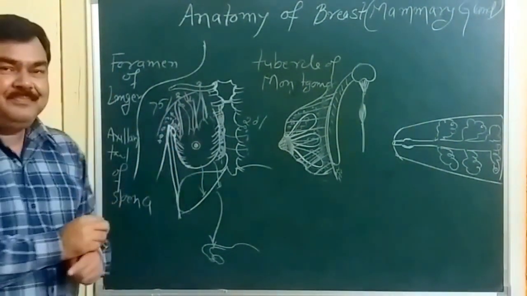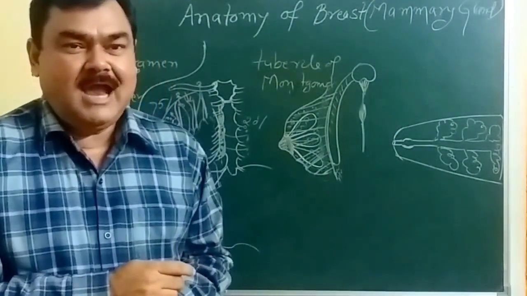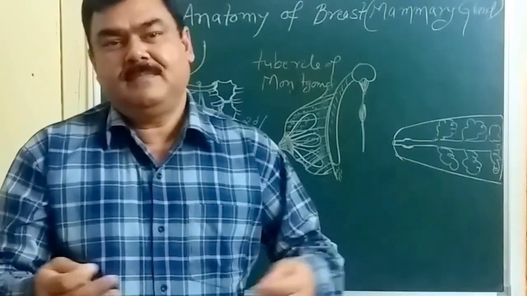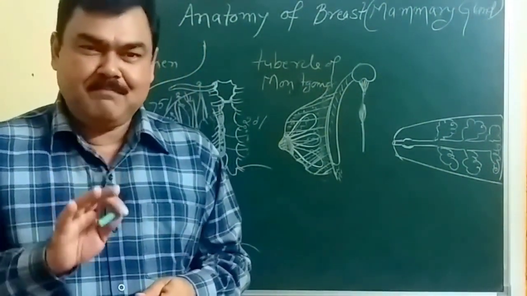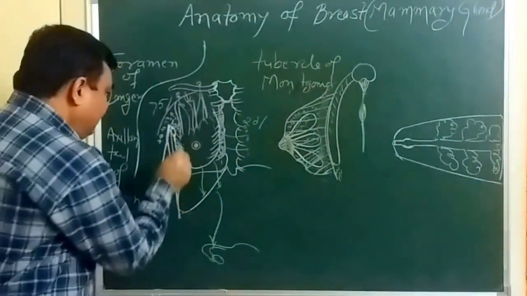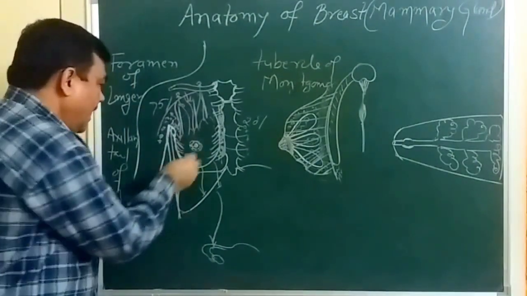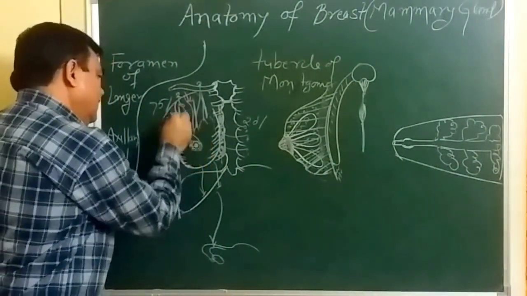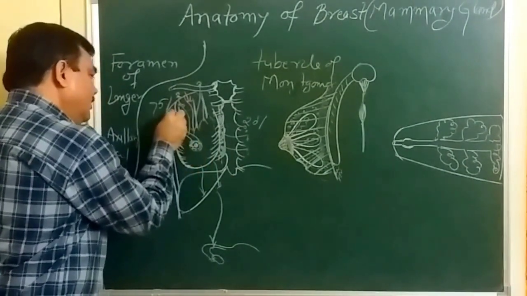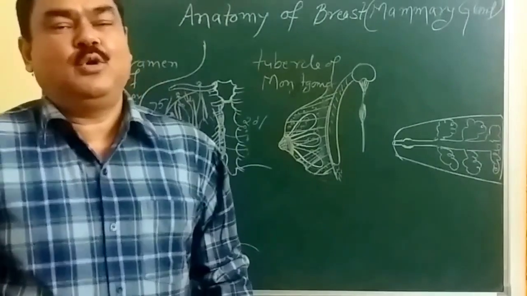The nipple and areola drain through deep lymphatics, and before forming the deep lymphatic channel, they form a subareolar plexus of Sappey. These plexuses usually drain into the anterior axillary group of lymph nodes.